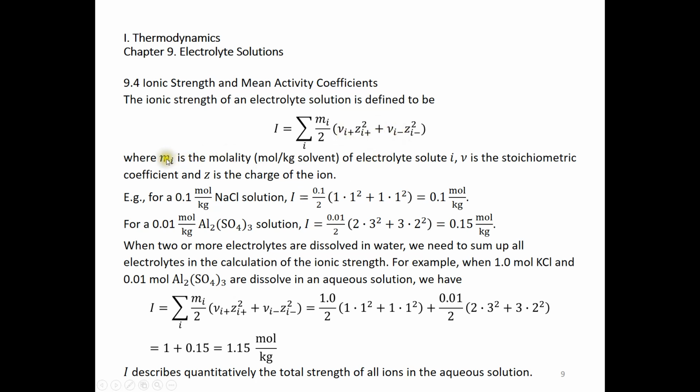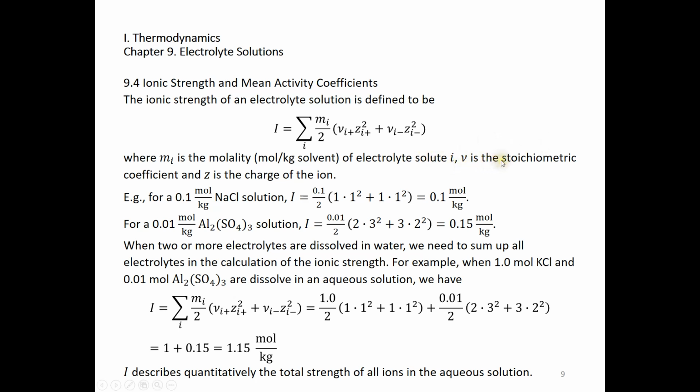Now again, this m sub i is the molality, which means the mole of solute per kilogram of solvent for electrolyte solute i, species i. We're summing it up because again, it's possible to have multiple types of salts dissolved in the same solution.